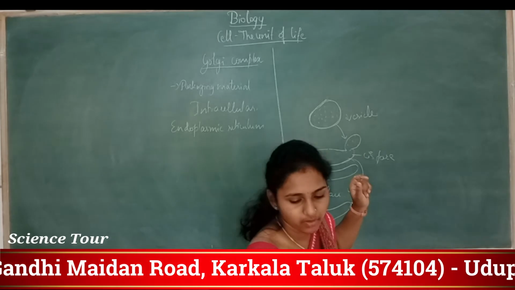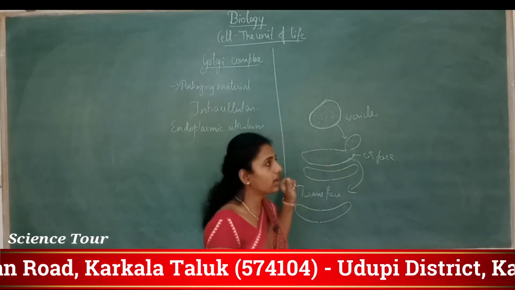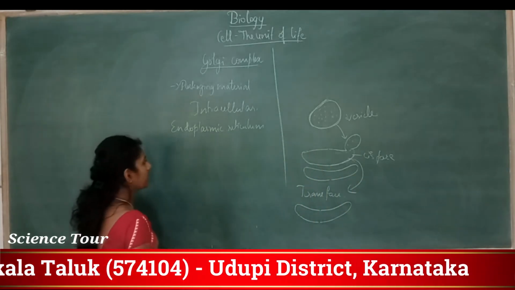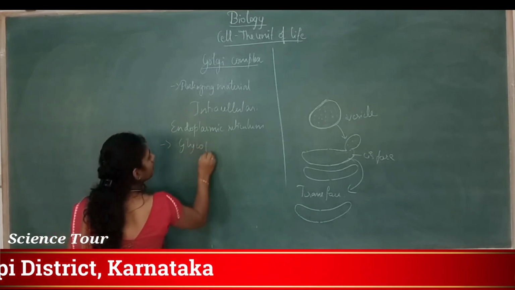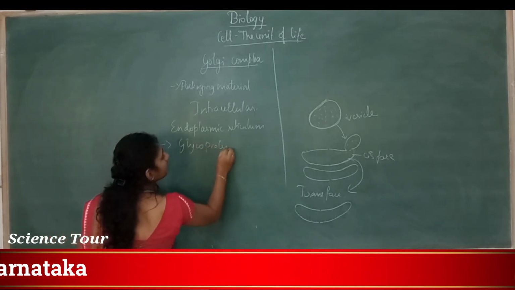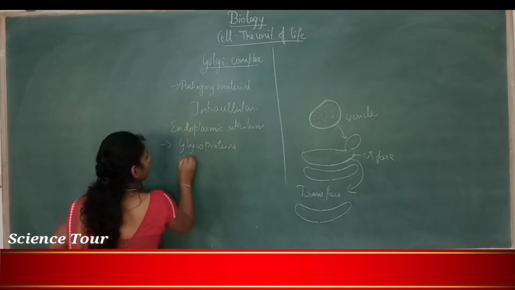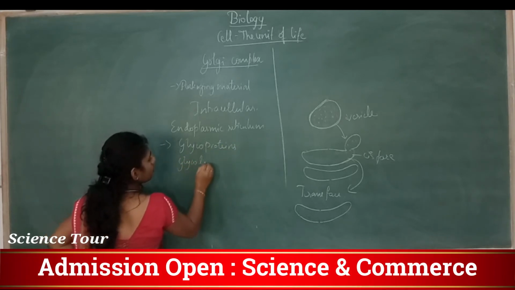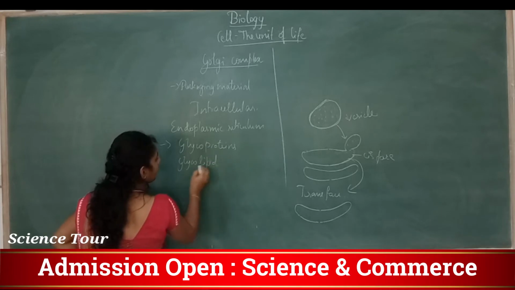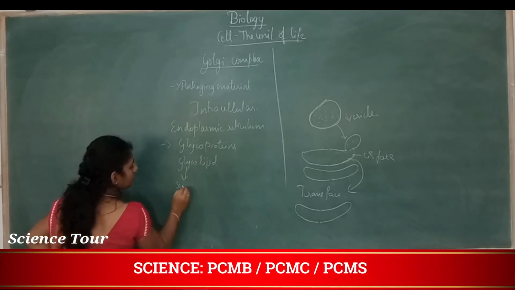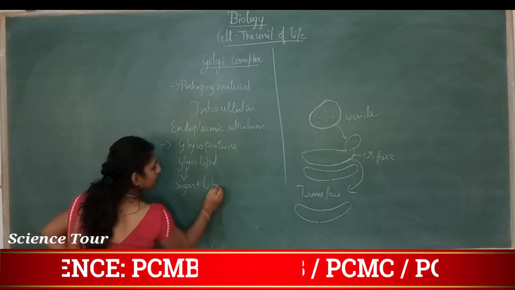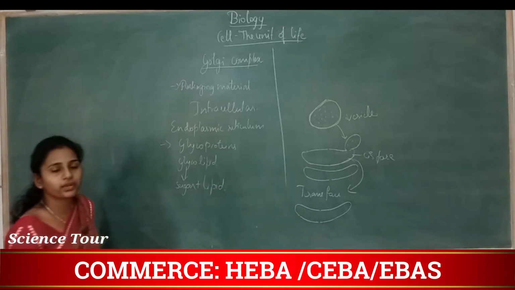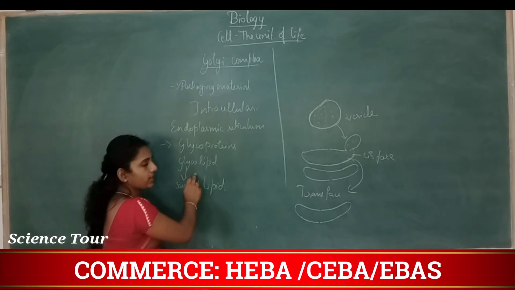Next, the Golgi complex is also an important site of synthesis of glycoproteins and glycolipids. Glyco is nothing but sugar. Sugar plus lipid component is collectively called glycolipids.